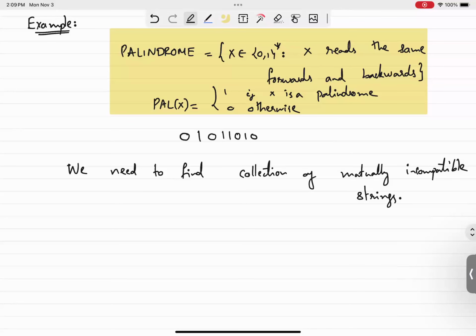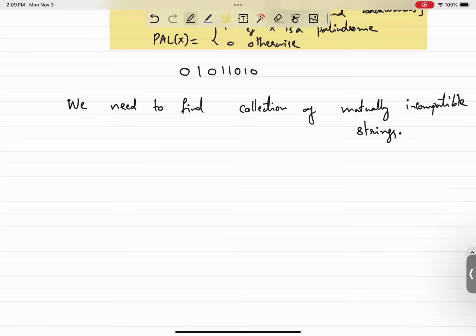And we want a collection of strings which are not equivalent under the palindrome function, which do not look the same to the function. Okay, any suggestions? Yeah. You had two strings of different length. Yeah, that would work, right? So definitely a good starting point.